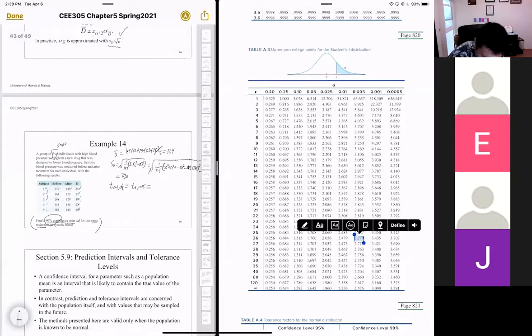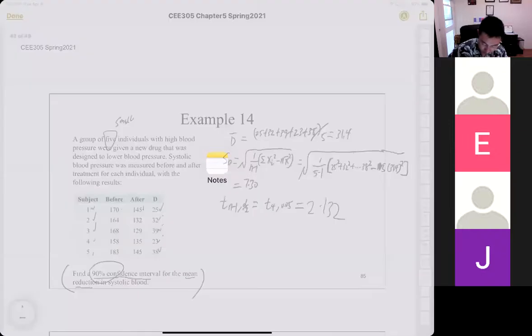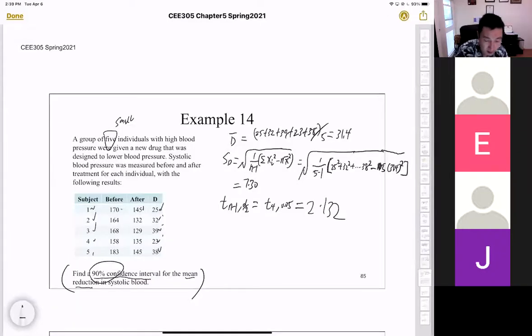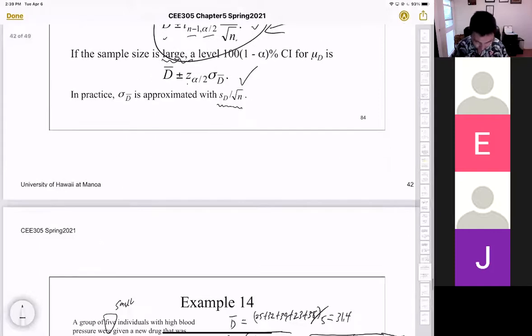For degree of freedom of 4, 0.05 is here: 2.132. And then we just plug the numbers into this equation.